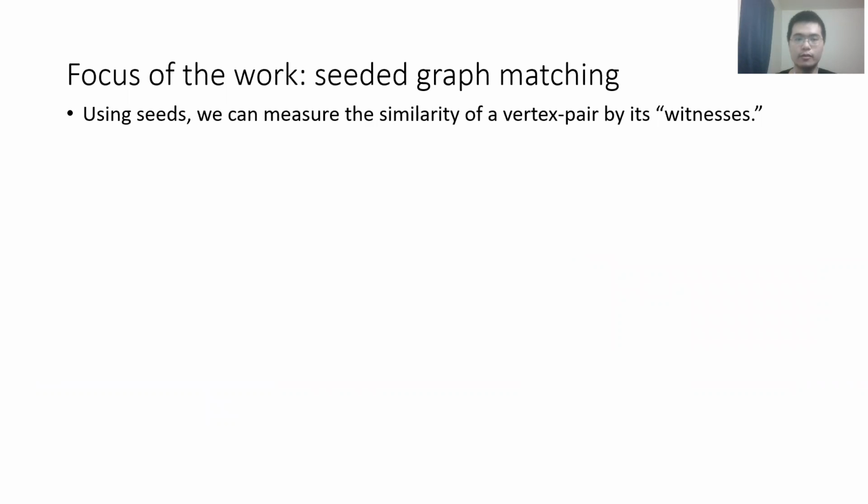This paper focuses on seeded graph matching, which is motivated by the fact that in many real applications, an initial set of seeds, in other words, correctly matched vertex pairs, is revealed as side information. Using seeds, we can measure the similarity of a vertex pair by its witnesses.